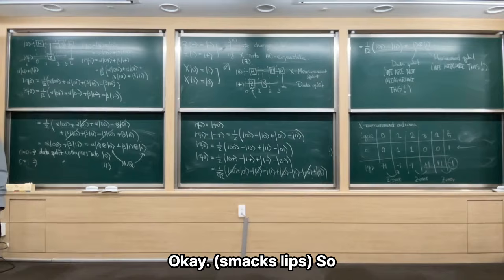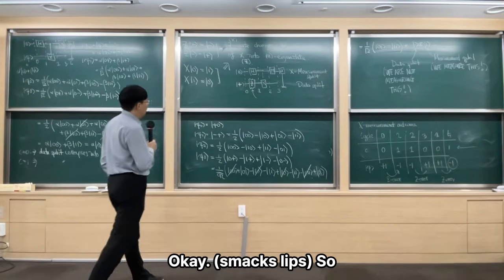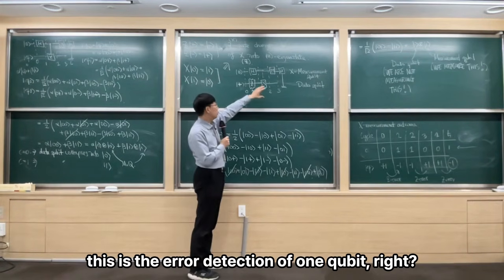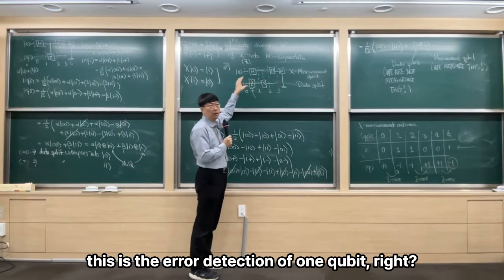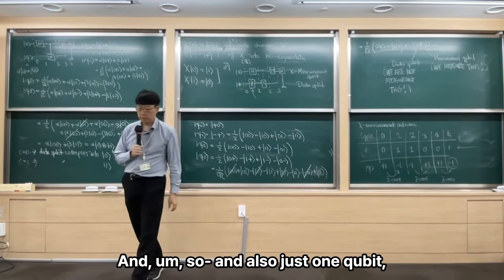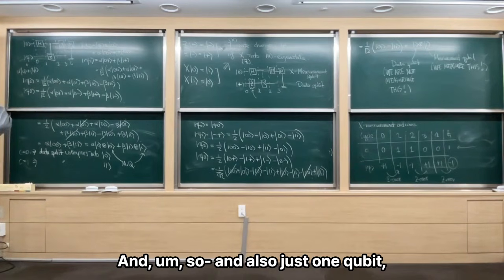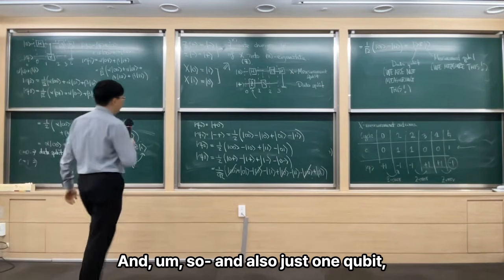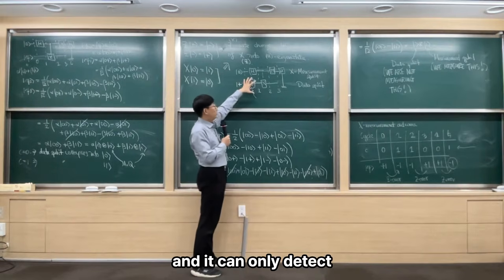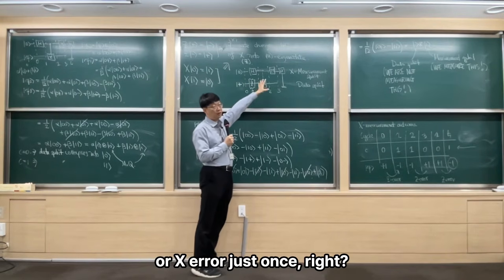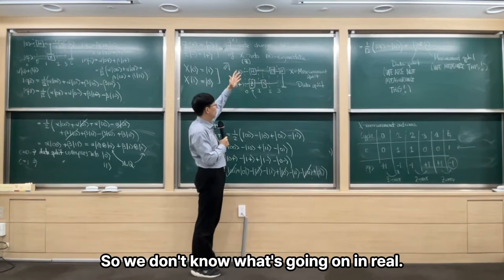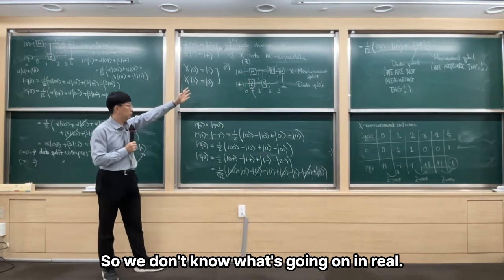Okay. So this is the error detection of 1 qubit, right? And it can only detect whether there was a Z error just once. So we don't know what's going on in reality.